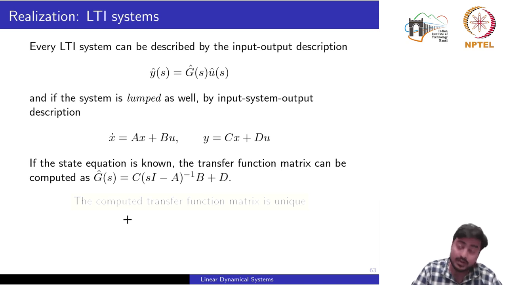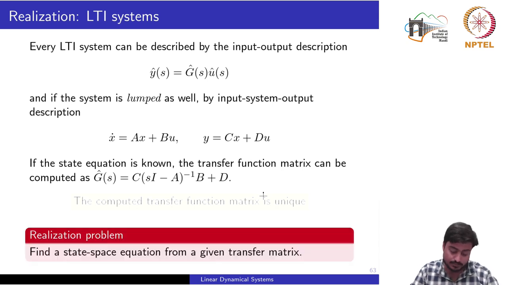We know, and in fact we had seen, that the computed transfer function matrix is unique. Try to recall that in the last lecture we discussed at least two different representations of the same system, right? But the transfer function was the same for both representations, meaning that the transfer function is unique but not the state space representation. So the realization problem deals with finding a state space equation from a given transfer function.